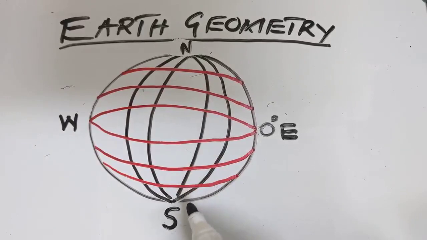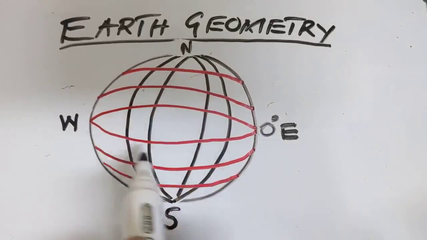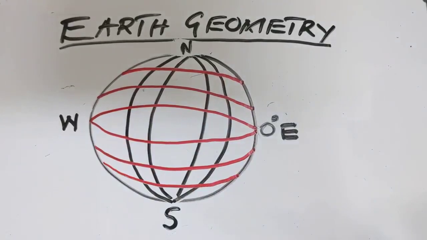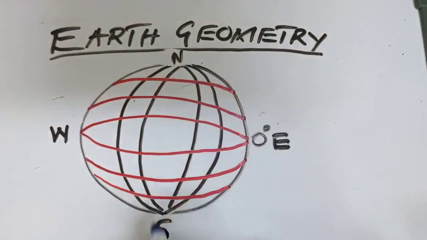There are these lines which are in black, as well as those that are in red. You might be asking yourself, what are these lines? Those that are in black, have you seen?